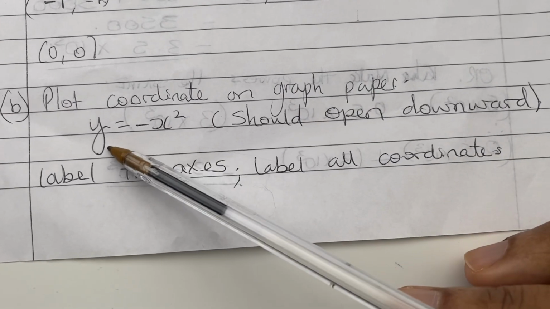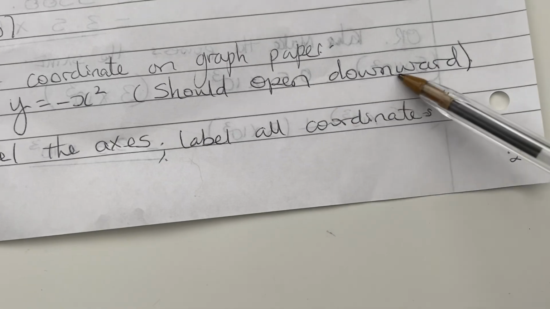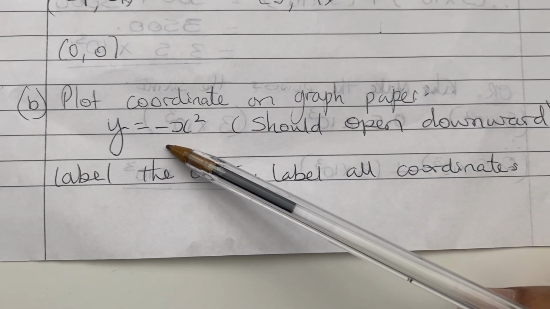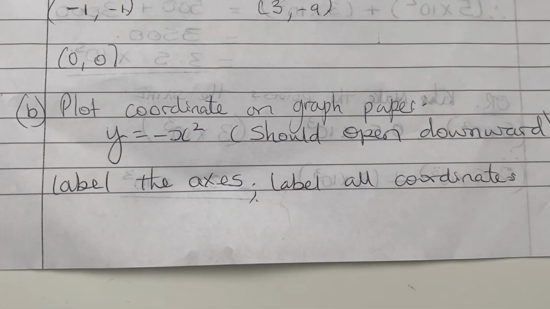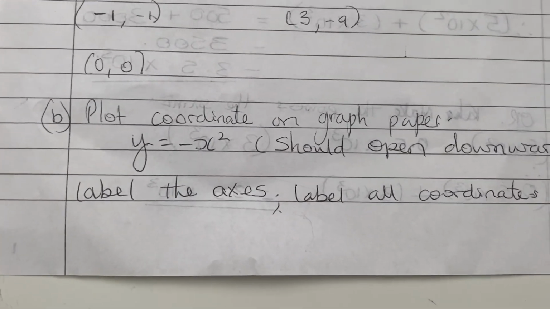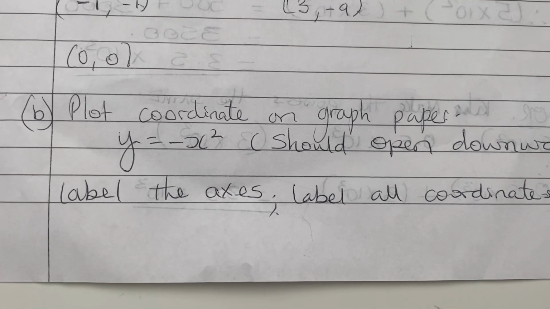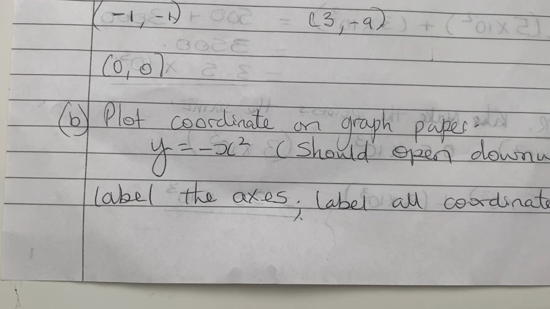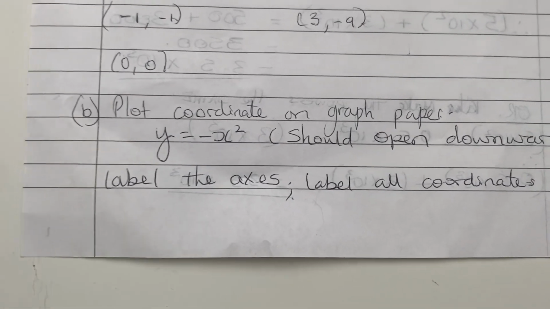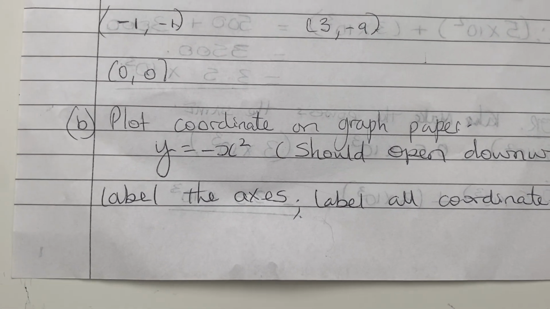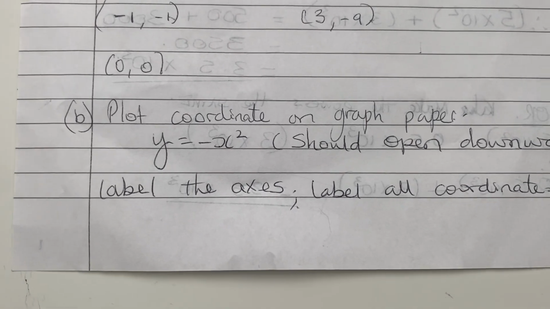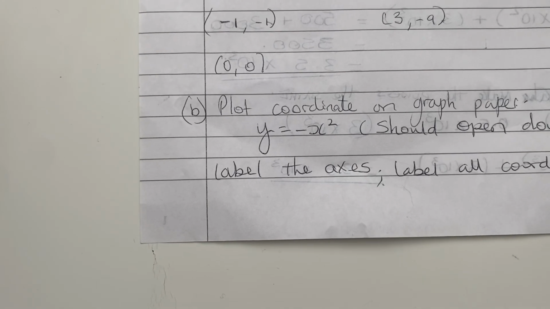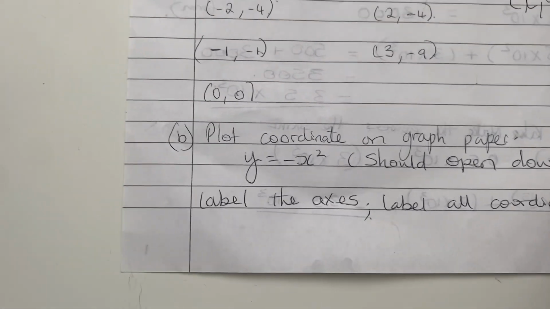So I've done the graph of y equals minus x squared, and it should open downwards because of the negative. I'm expecting it to open downwards. If it didn't do that, then I'll have to quickly find out what I did wrong and then change it, assuming it was an exam or a test, before I hand over my paper. I've labeled the axis. I've given a title.